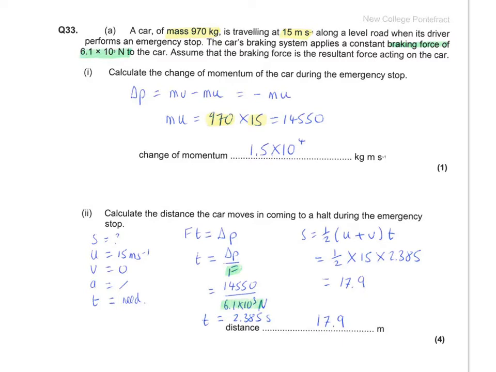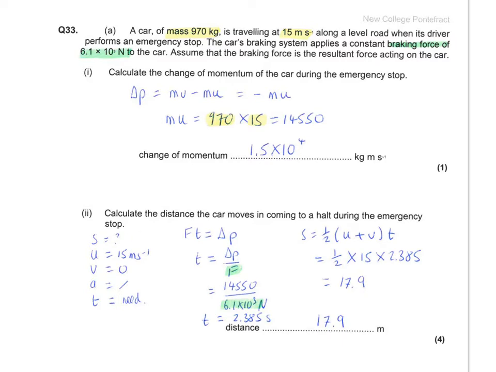Next, you're asked to calculate the distance the car moves in coming to a halt during the emergency stop. Since we know the braking force is the resultant force and we can ignore air resistance, we can assume that the acceleration is constant. For this reason, it's appropriate to use the equations of motion. So you can prepare a SUVAT list.